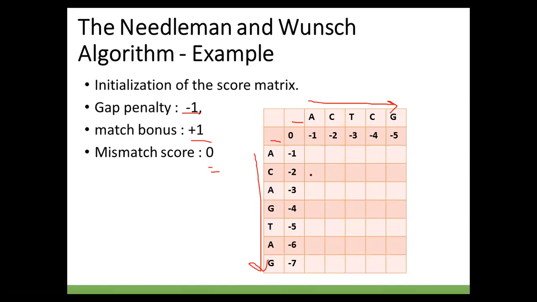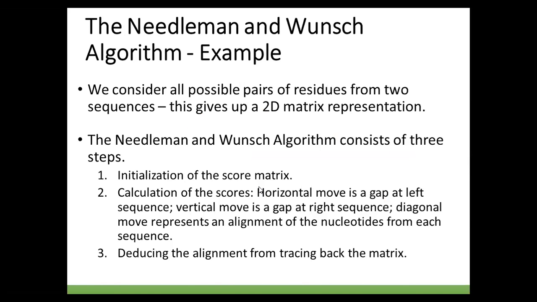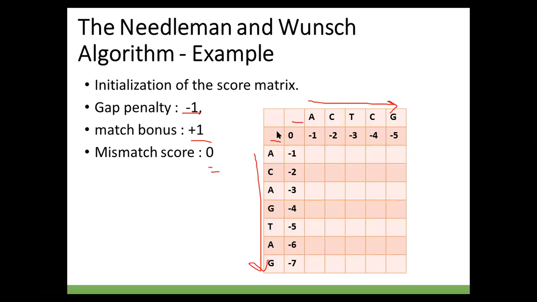So the initialization is the first step: initialization of the scoring matrix. That's done like this. You consider this as a gap. Gap and gap, the score is 0. And gap and A, so there's a gap in the first sequence and a value in the second sequence, we put the gap penalty here.